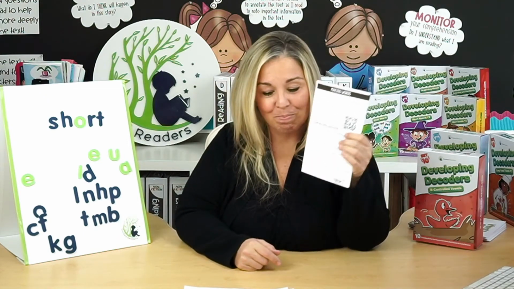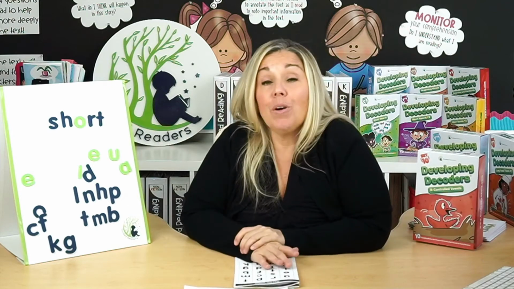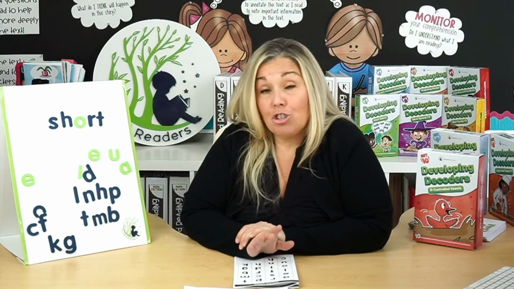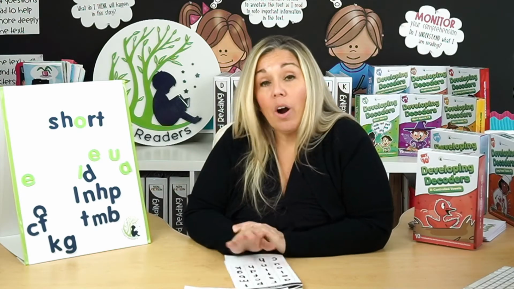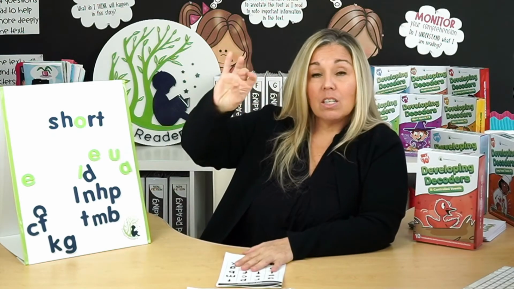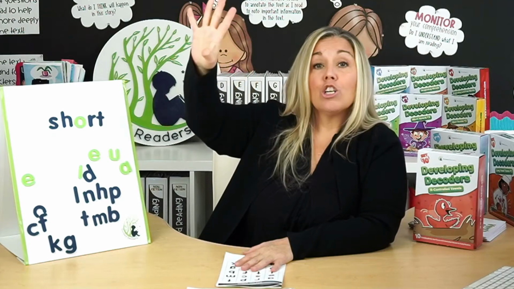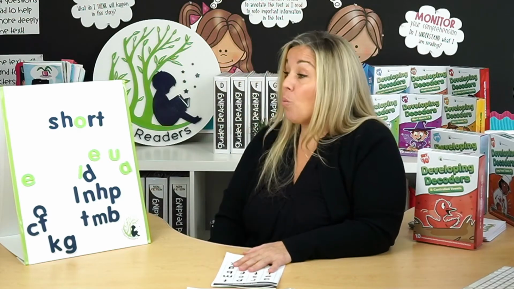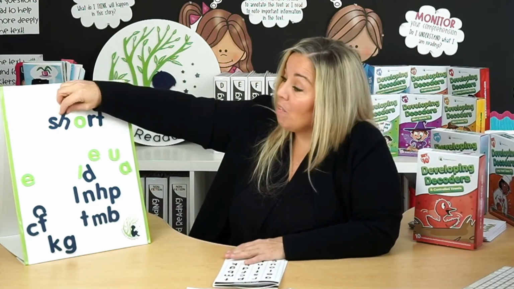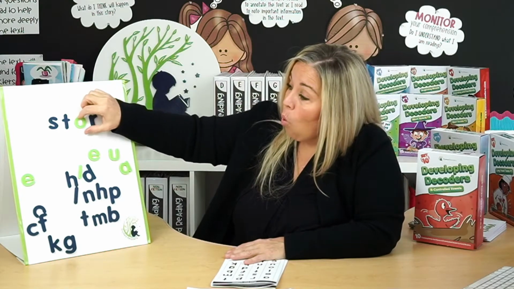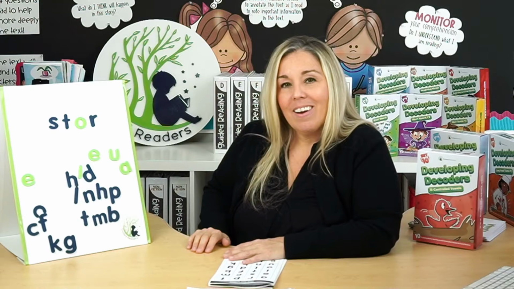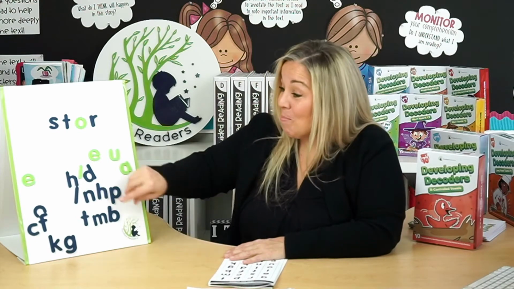Short on our sheet. Okay, now what we're going to do is change the word short to the word store. Store. Let's tap it out. So, with the word store, we have a blend in the beginning. Does that look right? No, it needs something else.